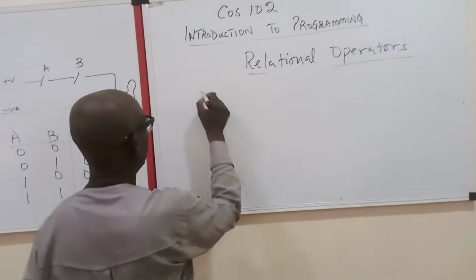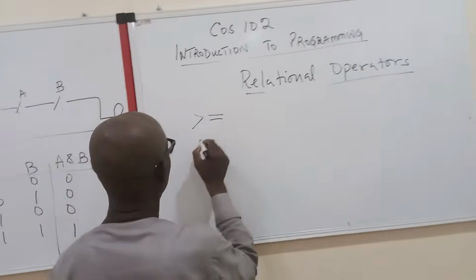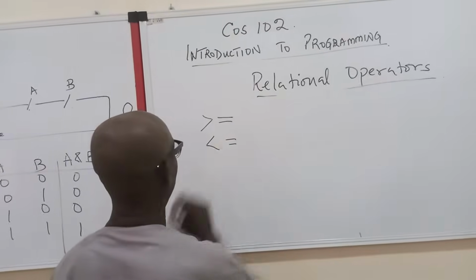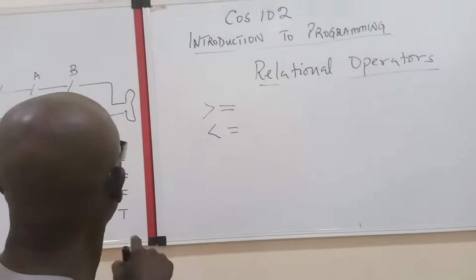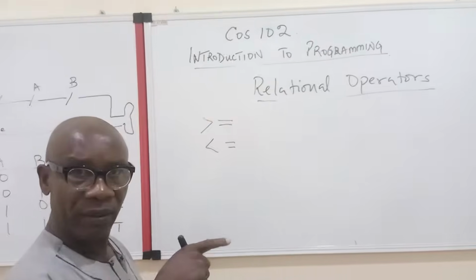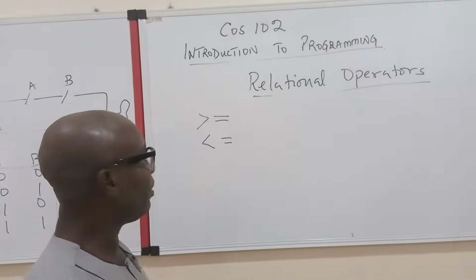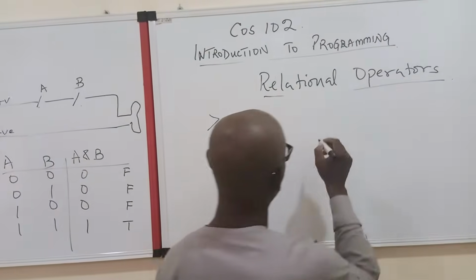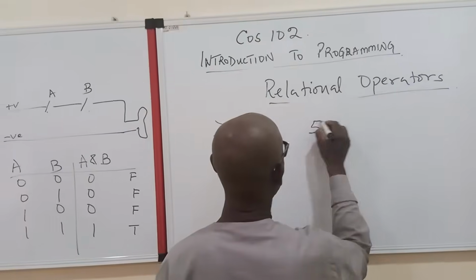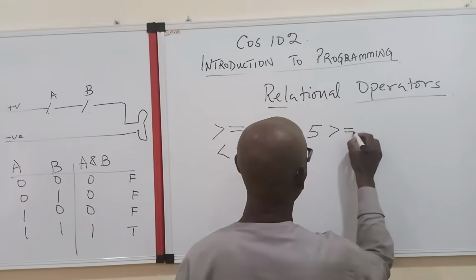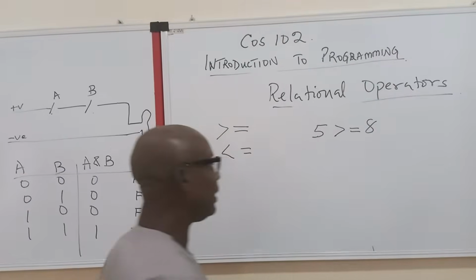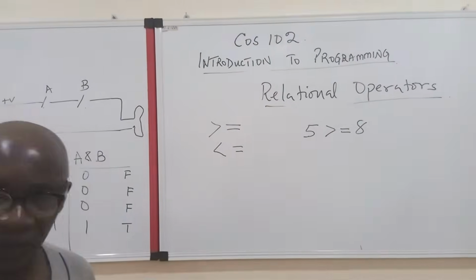Greater than or equal to, less than or equal to, bearing in mind the OR operator. So if we say 5 is greater than or equal to 8, will that give us true or false?